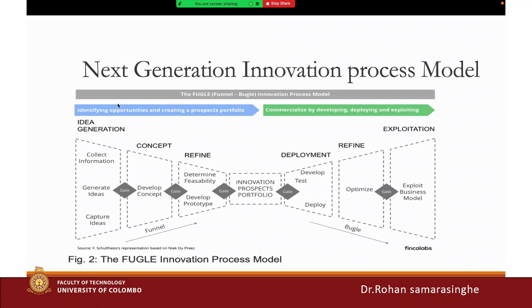This is the new generation innovation process. The first part is to identify the opportunities and create the prospects portfolio. The second is to commercialize by developing, deploying and exploring. So this is called the innovation process model.